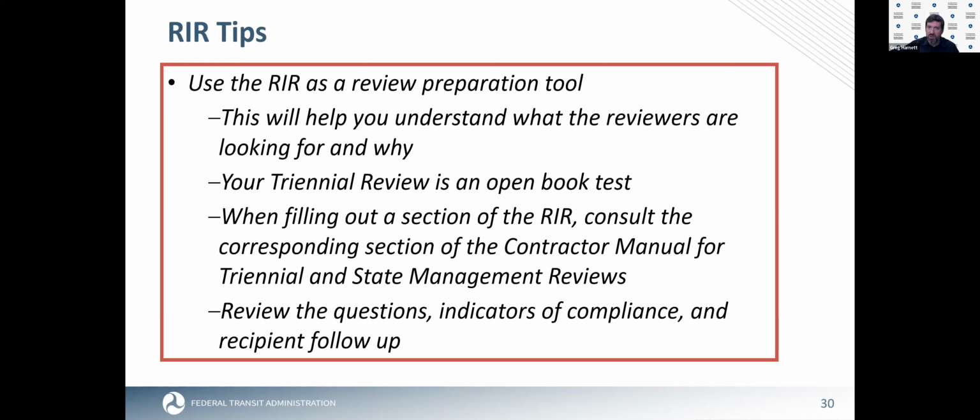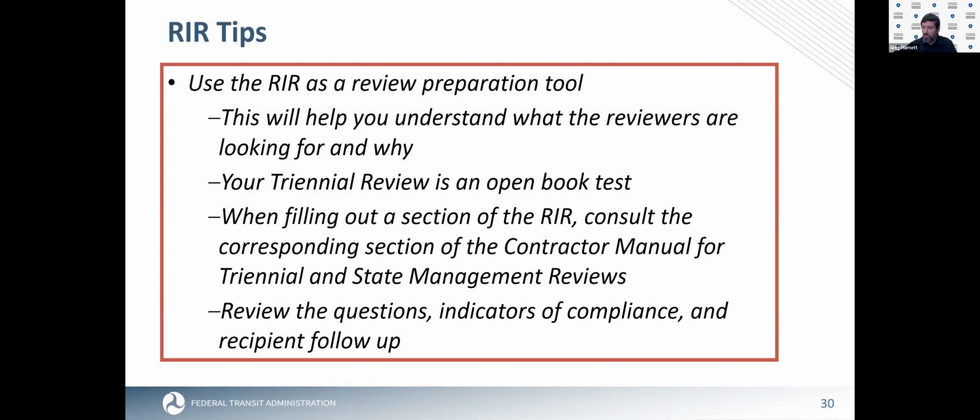But in addition to those questions, if you're familiar with this document, which is now 650 pages, so it's quite a thrilling read, the Contractors Manual has indicators of compliance underneath each question, which is basically the question broken out into specific sub-questions or individual topics that could potentially lead to a compliance finding.